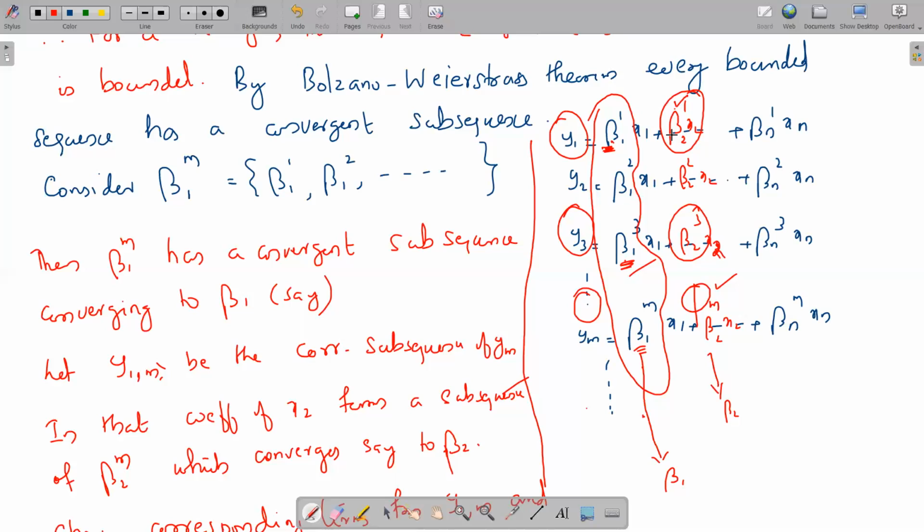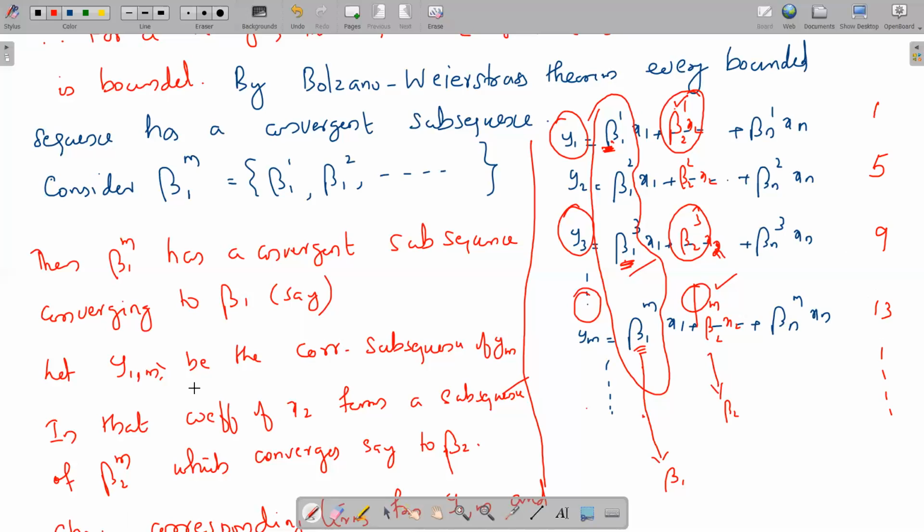So this subsequence of beta 2m has its terms from the first, third, fifth, seventh positions, etc. That has a convergent subsequence. Suppose the terms of that convergent subsequence come from the first, fifth, 9th, 13th terms of the subsequence of the original sequence beta 2m.